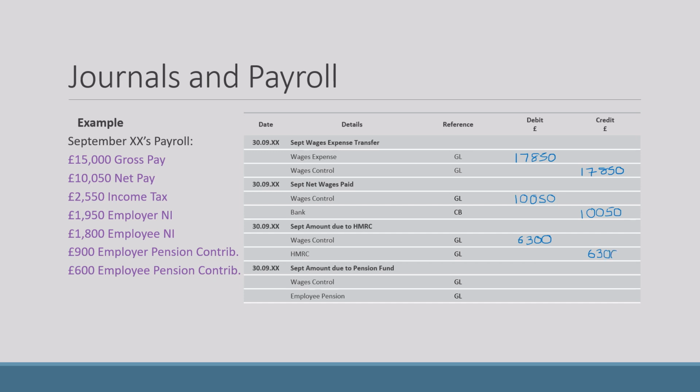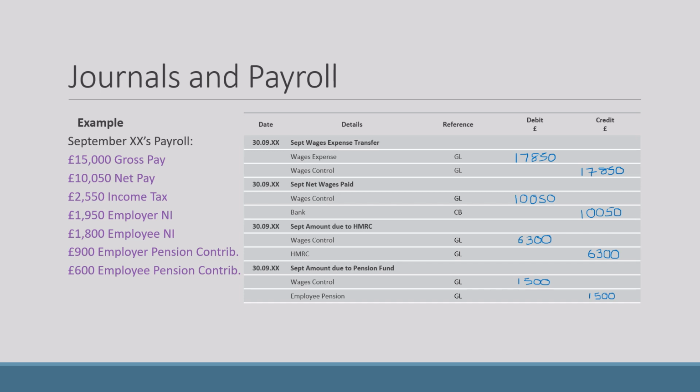That's what we're saying: at some point, we're going to pay them. And then likewise, our pension, we're going to take 1,500, debit that into the control account, and then it enters our pension liability account because that's what we're going to have to pay going forwards.